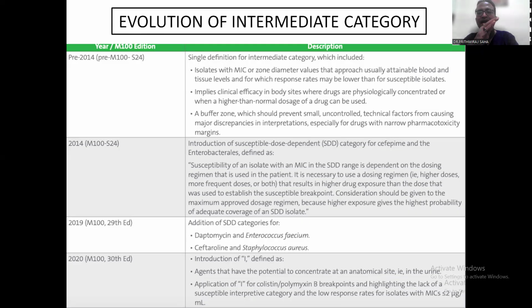If we increase the dose of the drug, then that breakpoint below which it is susceptible can be crossed, but it is not termed resistant, right? So this is a middle zone whereby by increasing the dose of the drug, you can achieve that MIC or that zone, which is termed the intermediate category, right?